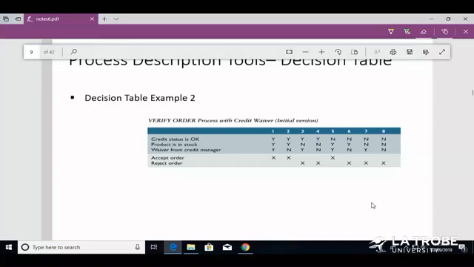7 and 8. Absolutely correct, 7 and 8. So both of them actually have the same outcome, reject order. The first condition for them, no, no. Second condition, no, no. Third condition, actually, they are yes and no. So the rule here, regardless of condition 3, rule 7 and 8 share the same outcome.